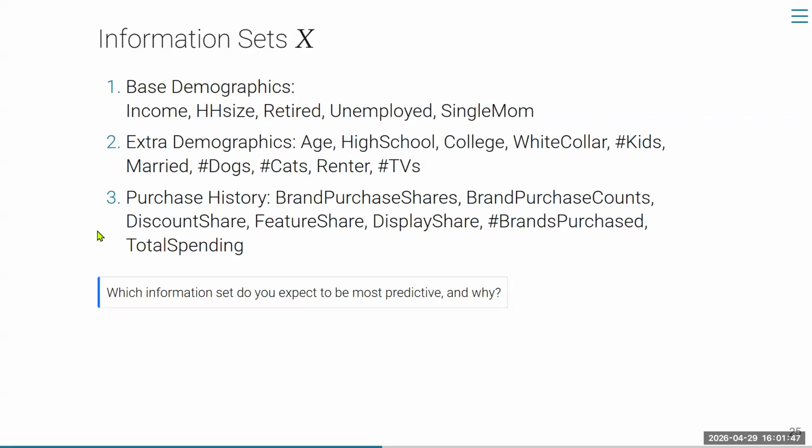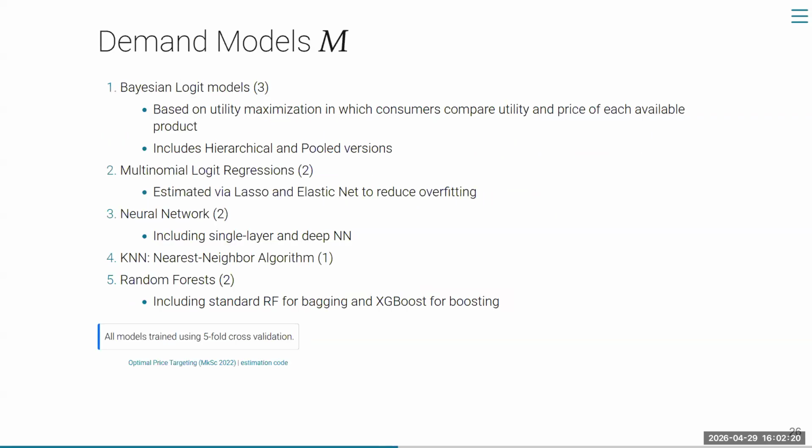And then the third set refers to the household's past purchase data: how often they've purchased the focal brand, the counts of each brand purchase, how often they've purchased on discount or on other marketing variables, such as when the product is featured in the store circular or at the end of the aisle, how much they've switched brands in the past, and how much they've spent total in the category. And so those are sort of our training options.